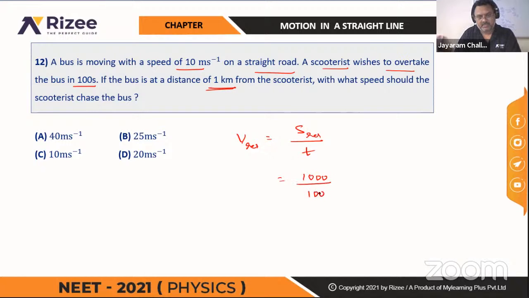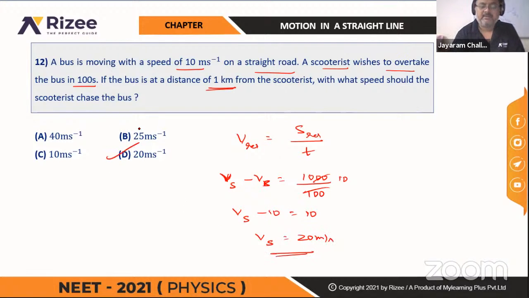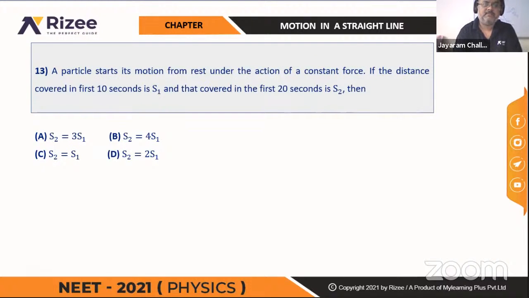He wants to cross it in 100 seconds, but both of them are traveling in the same direction. Velocity of the scooter with respect to the bus: velocity of the scooter minus 10 is equal to 10. Velocity of the scooter is equal to 20 meter per second. If he travels with this, definitely he can reach that particular bus.